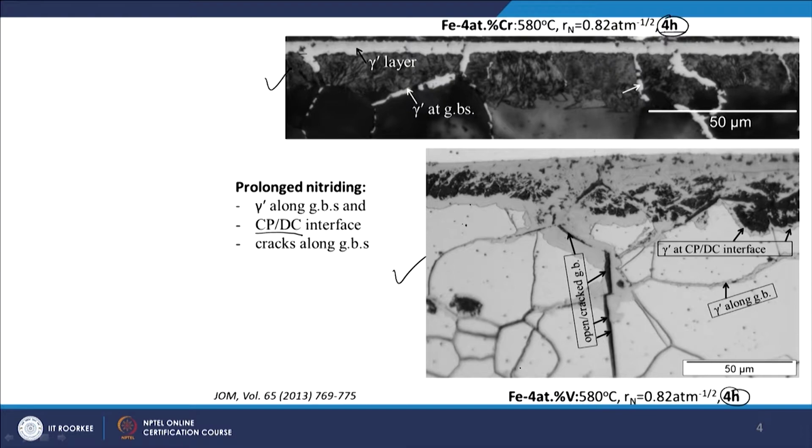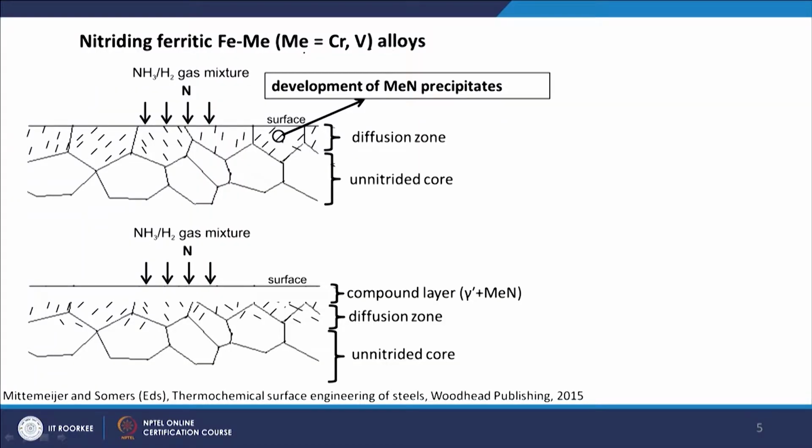In summary, they develop as layers like in pure iron, but upon prolonged nitriding they penetrate through the grain boundaries and develop as layers along the grain boundaries of the ferrite matrix, and later they start to open up as cracks. So, how do we understand this? In this slide we show schematically how the process runs in the case of these easy nitride formers.